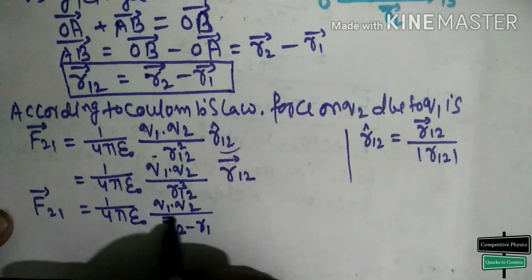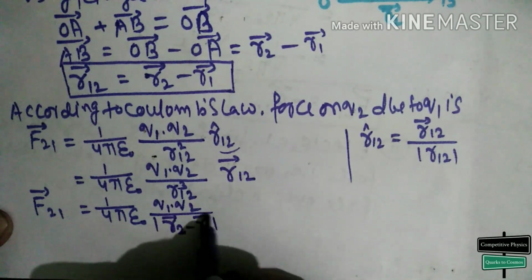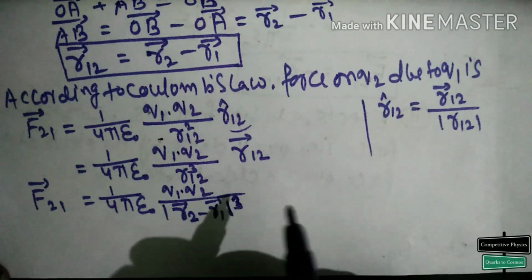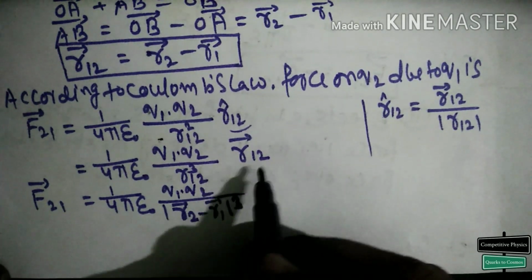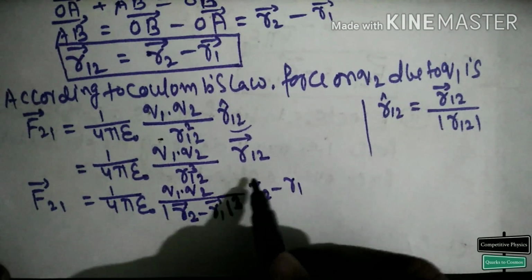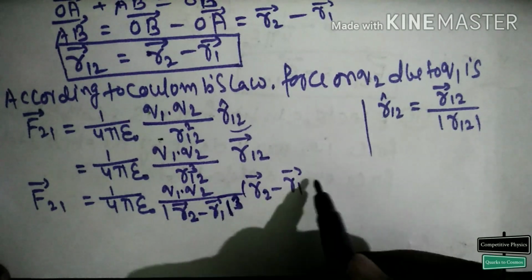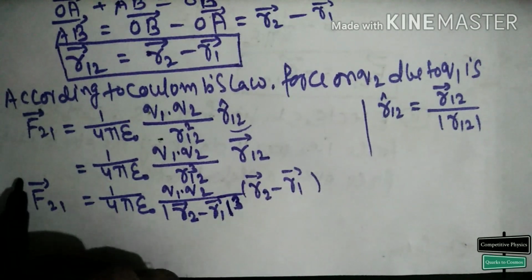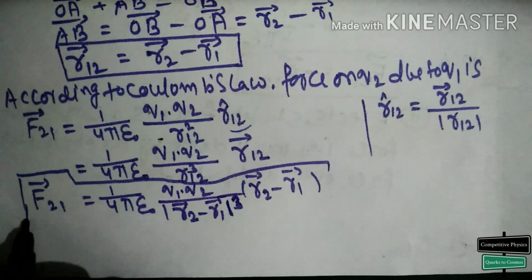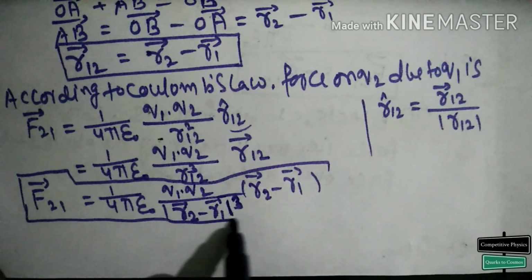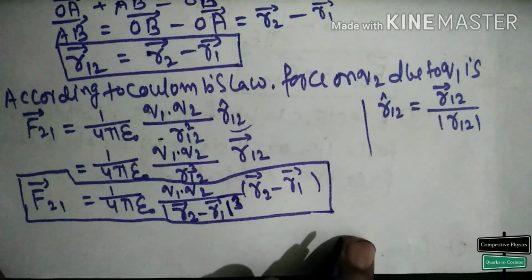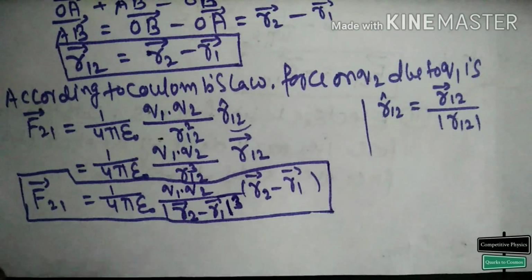So r2 minus r1 mod cube, and for r12 you can write here r2 minus r1. So we have written the force on charge q2 due to q1 in terms of its position vector.